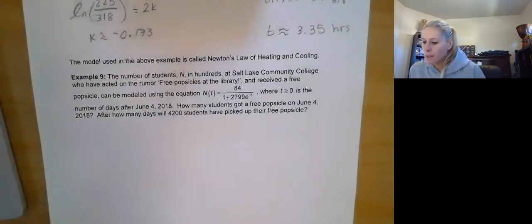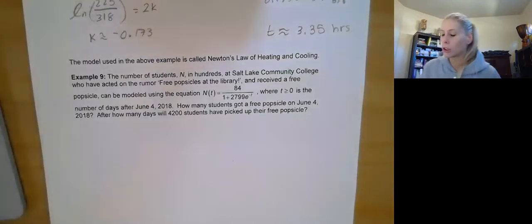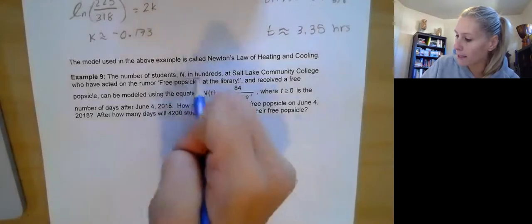All right, here we go, one more. So we're going to talk about Newton's law of heating and cooling. So we're back to some science here. The number of students, N in hundreds. So I want you guys to keep that in mind. N is in hundreds.